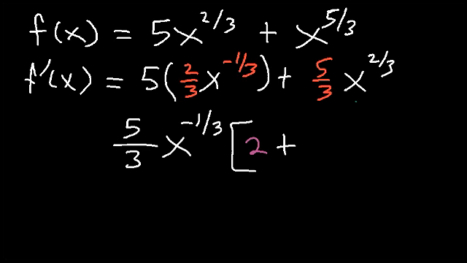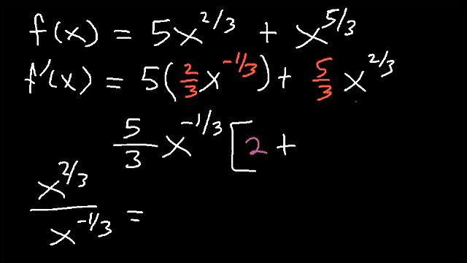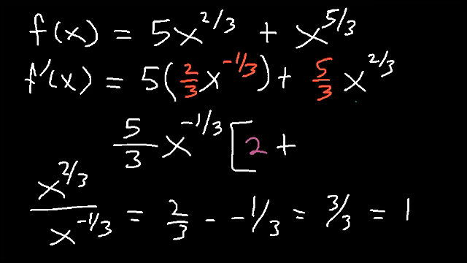And now for the next term, we took out the 5/3, but we took out negative 1/3 from 2/3. So then what's going to be on the inside? If you divide 2/3 by x to the negative 1/3, 2/3 minus negative 1/3 is the same as 2/3 plus 1/3, which is 3/3, which gives you 1, or x to the first power.